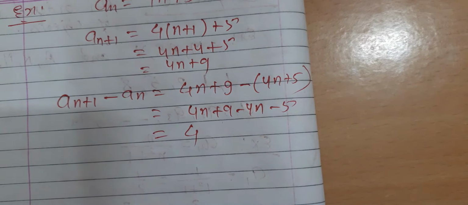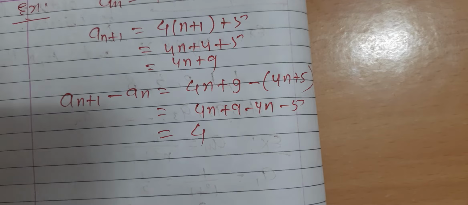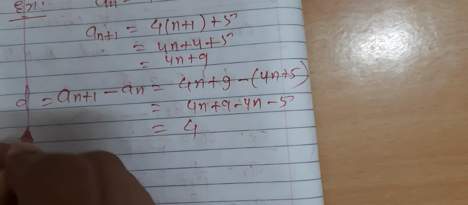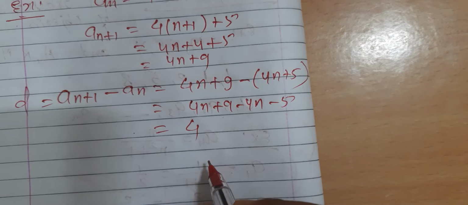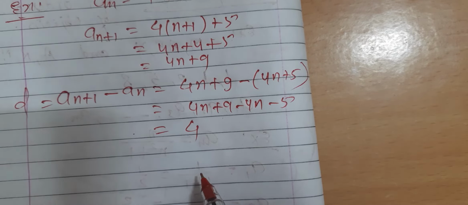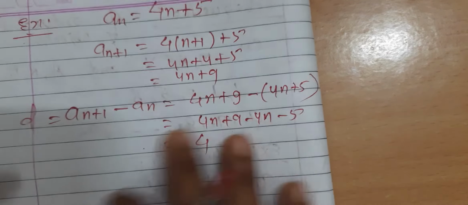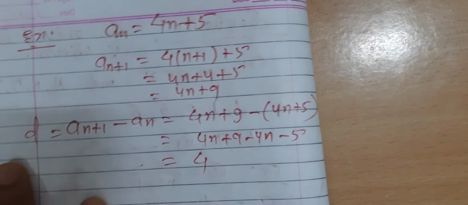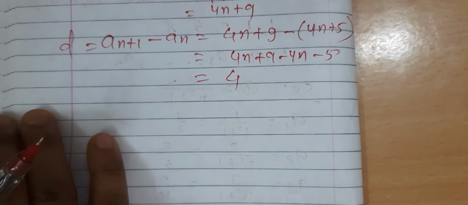Also find its common difference. So this is the common difference d, and this common difference is independent of n. So we can say that it's an AP. Or in simple words, find A1, A2, A3, A4 and so on, and just check whether the difference is constant or not.